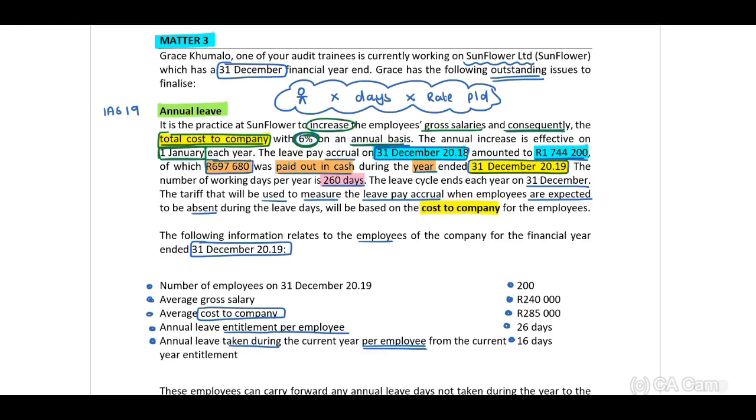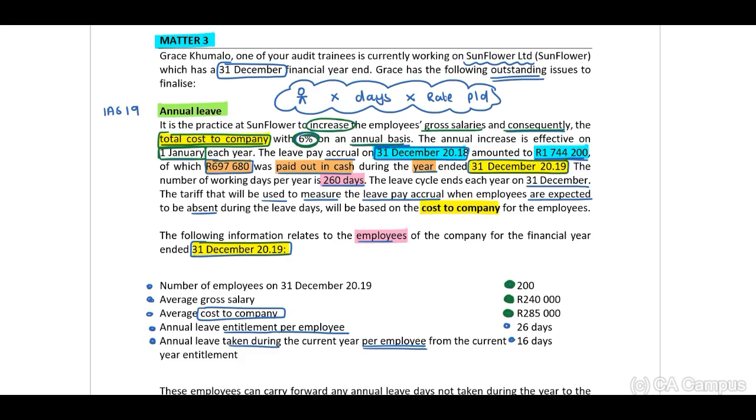They indicate to us that the following information relates to the employees of the company for the financial year ended 31 December 20.19. Number of employees, we have 200. Average gross salary, 240. Average cost to company, 285,000.